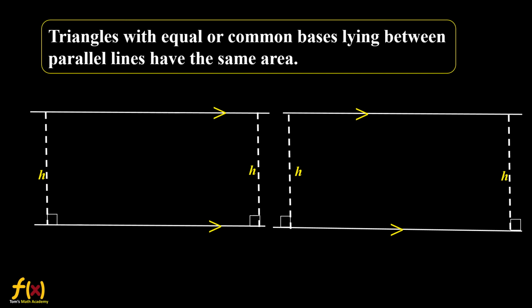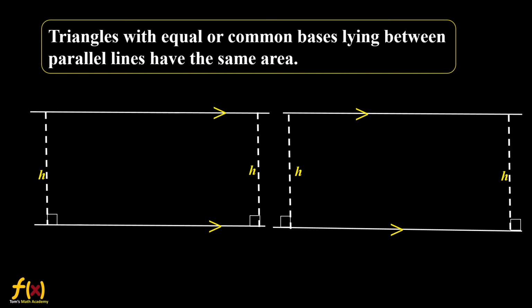Look at the parallel lines, and you can see the perpendicular distance between the parallel lines is also marked in dotted lines. It is named H.